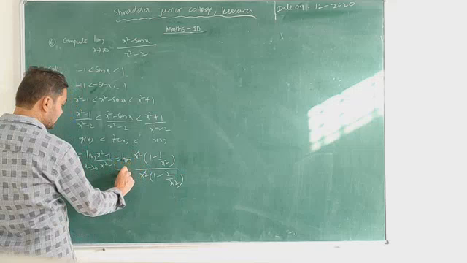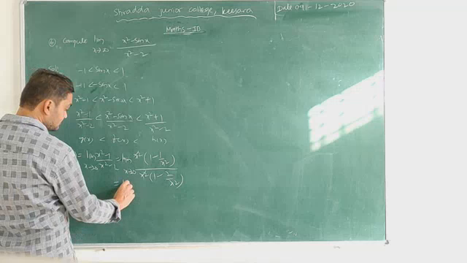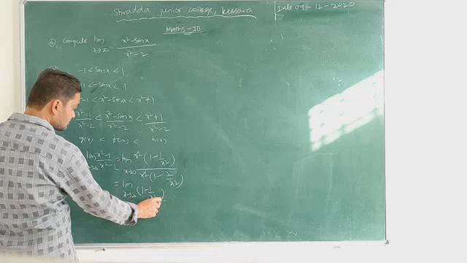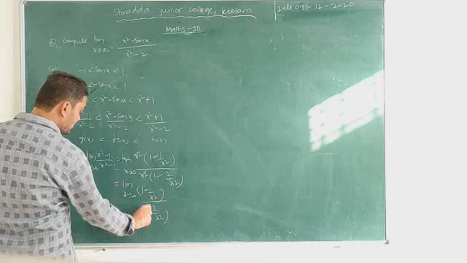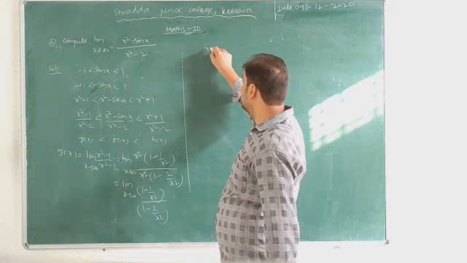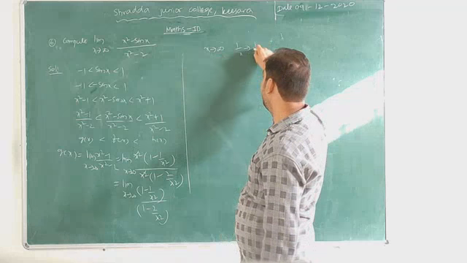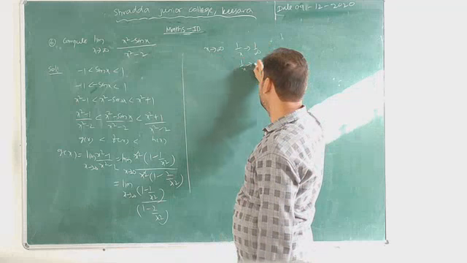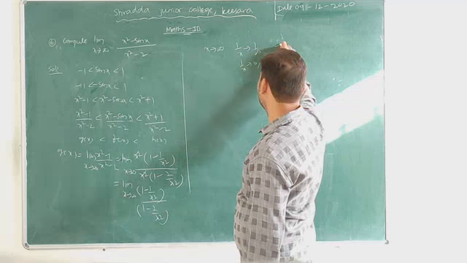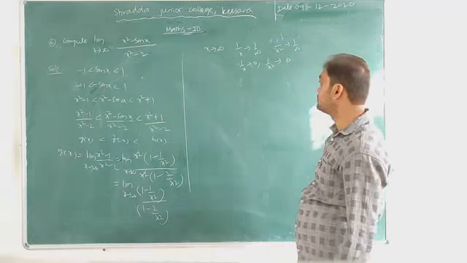Now what is the limit here? As x tends to infinity, this equals limit x tends to infinity, 1 minus 1 by x square by 1 minus 2 by x square. So see here, as x tends to infinity, 1 by x tends to what? 1 by infinity, that is 0. And 1 by x square also tends to 1 by infinity, that is also 0.